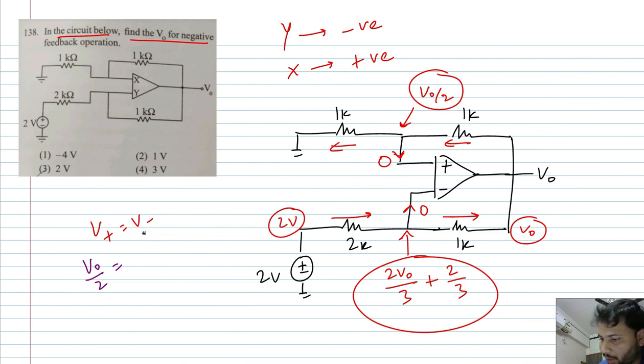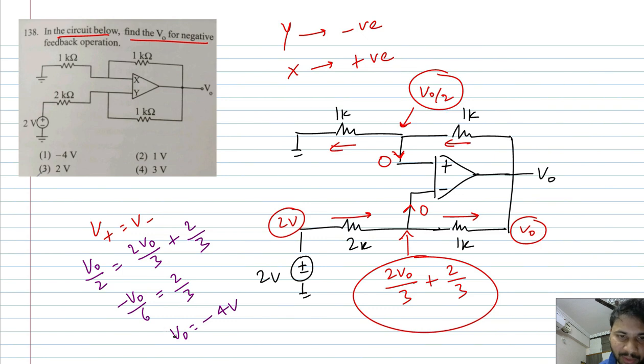In place of V minus, I'll write 2V0 by 3 plus 2 by 3. Now what is 1 by 2 minus 2 by 3? 1 by 2 minus 2 by 3, I think is minus V0 by 6 equal to 2 by 3. So I think V0 is minus 4 volts, which is option A. Okay.